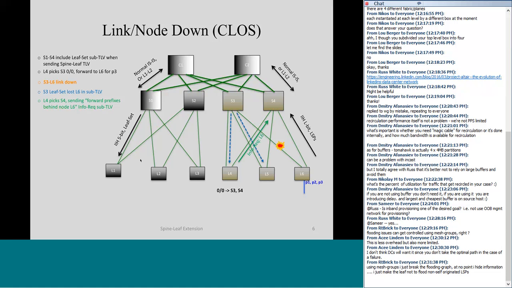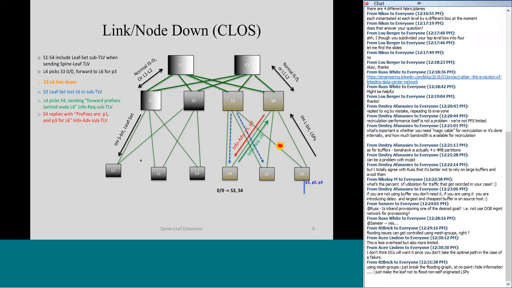So in this case, L4, for example, sends a request inside the info request sub-TLV saying, hey, forward me the prefixes behind this node L6. And S4 uses, let's say, incremental SPF, or it's already stored in the database.